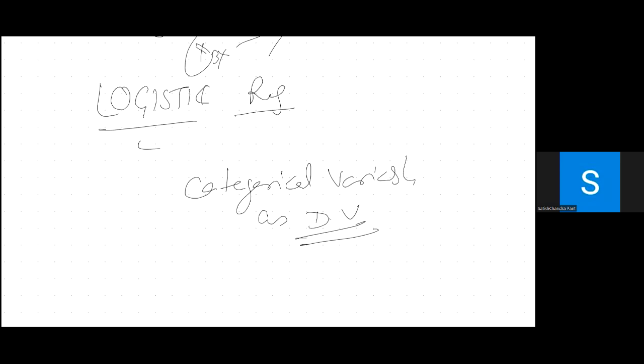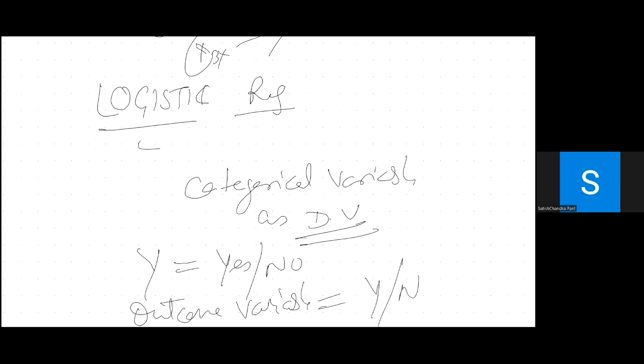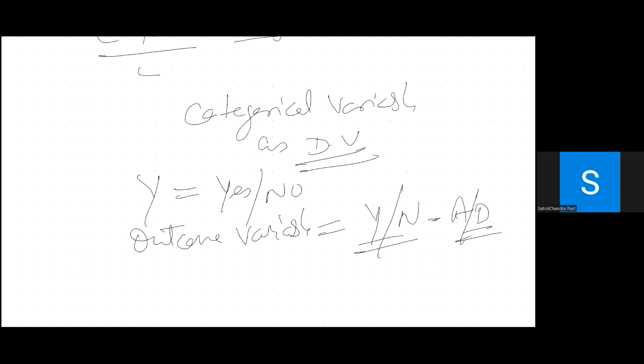A categorical variable is a dependent variable largely when the answer of y is yes or no. That means if our outcome variable takes two answers or two responses, yes or no, or agree or disagree, right? In such cases we use logistic regression rather than simple linear regression.